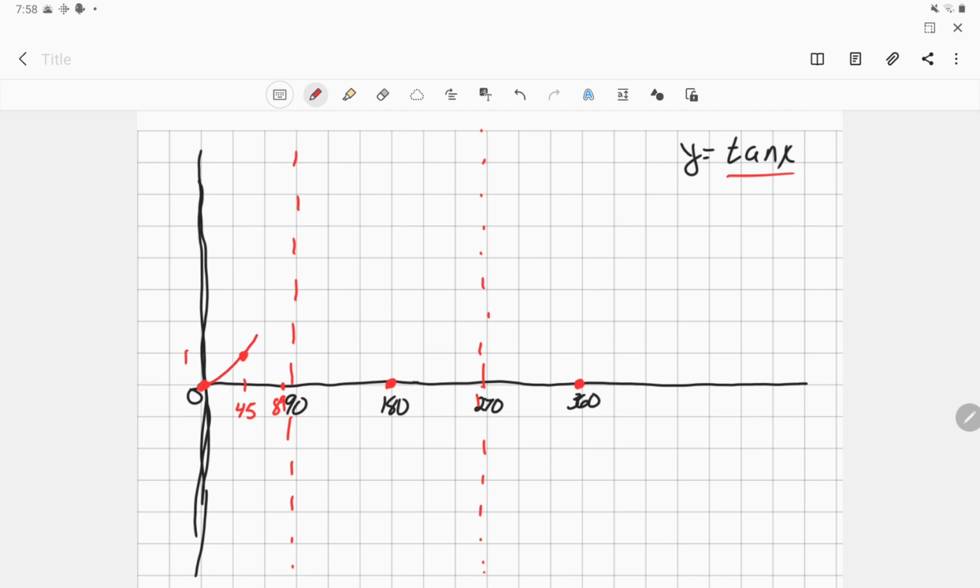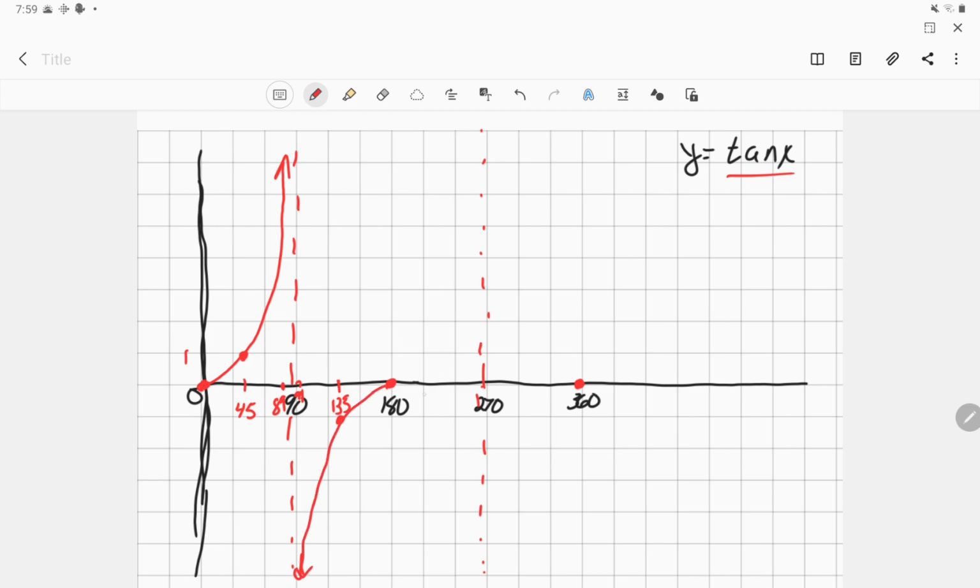So it's way up here. Tan of 91 turns out to be negative 57. So it's headed way down there. And if I do tan of 135, which is halfway between 90 and 180, it gives me negative 1. So it's going this way.